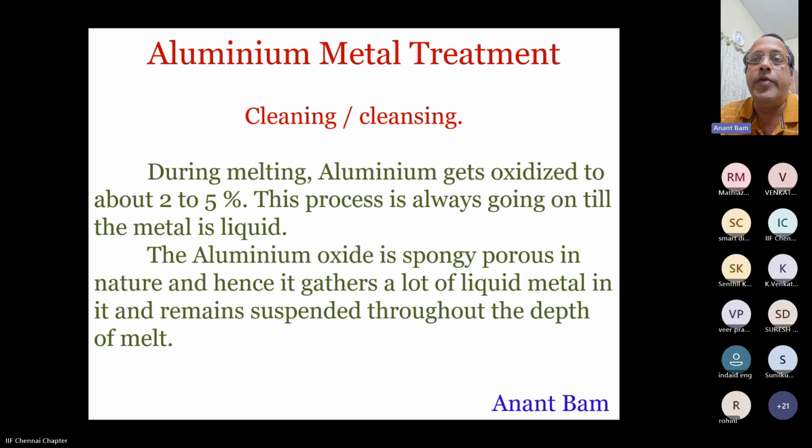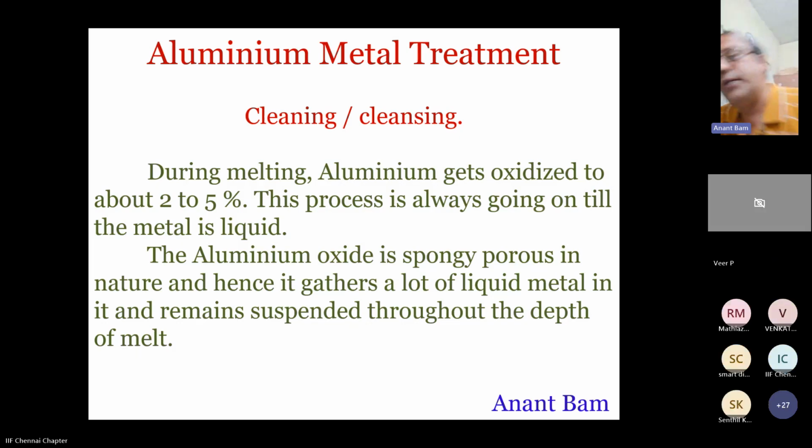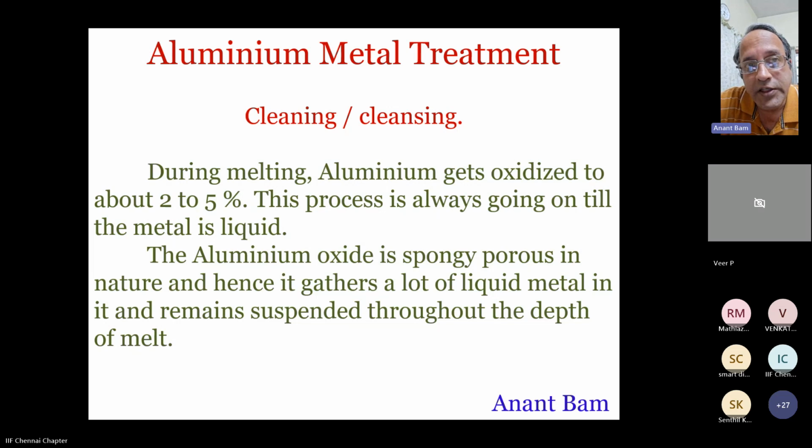Now, aluminum oxide is spongy and porous in nature, and along with itself, it gathers a lot of liquid metal, and it remains suspended throughout the depth of metal. Why does it remain suspended? Let us understand. In case of ferrous materials or copper-based alloys, the density of the metal itself is more than 7.